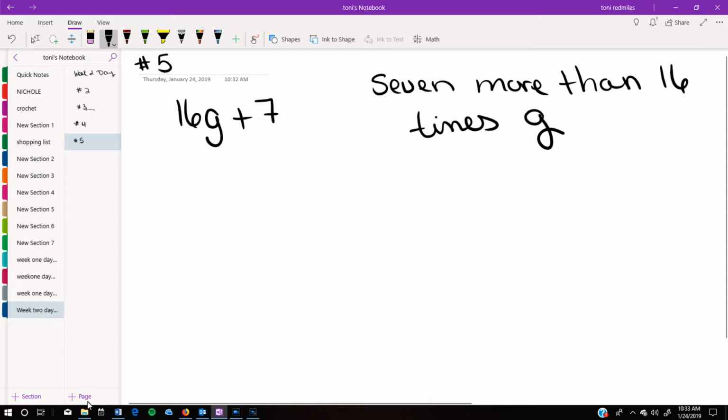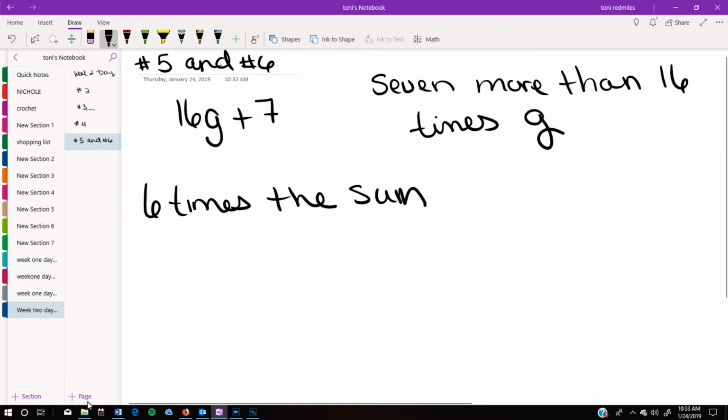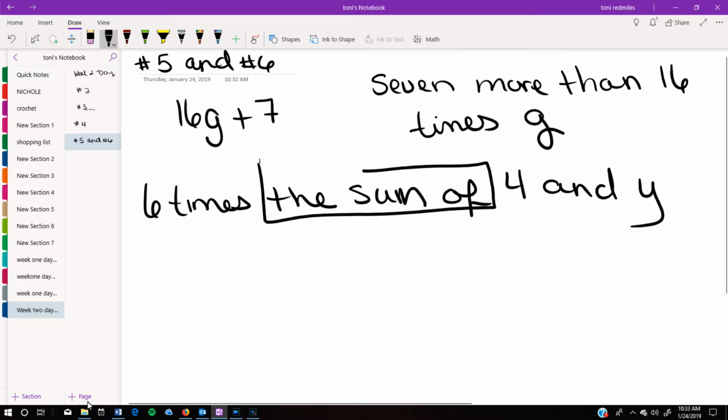All right, let's also do number 6, since I have some room on here. Okay, so 6 is 6 times the sum of 4 and y. The first thing I see is this wording, the sum of. That means parentheses.